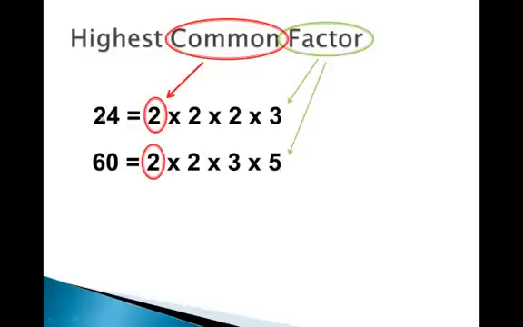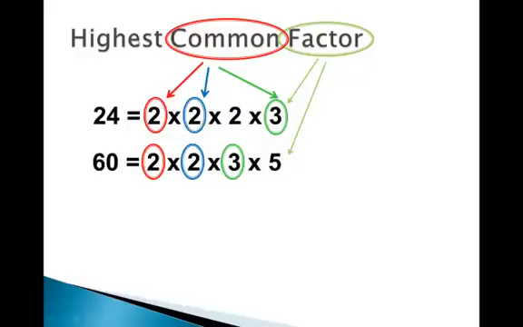And we can see that both 24 and 60 have a prime number of 2, which is common to both of them. Then they have a second 2, which is common to both of them. Now they don't have a third 2 common to both of them, but they do have a 3, which is common to both of them. So as you can see, 24 has a 2 and a 3, and 60 has a 2 and a 3.